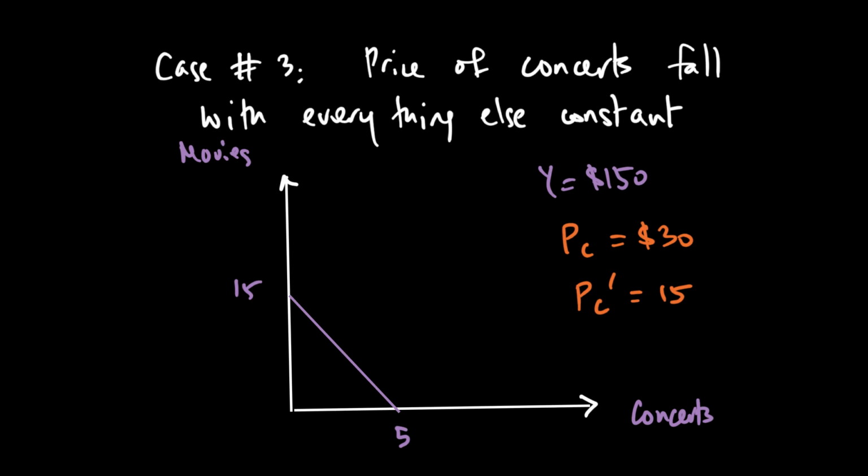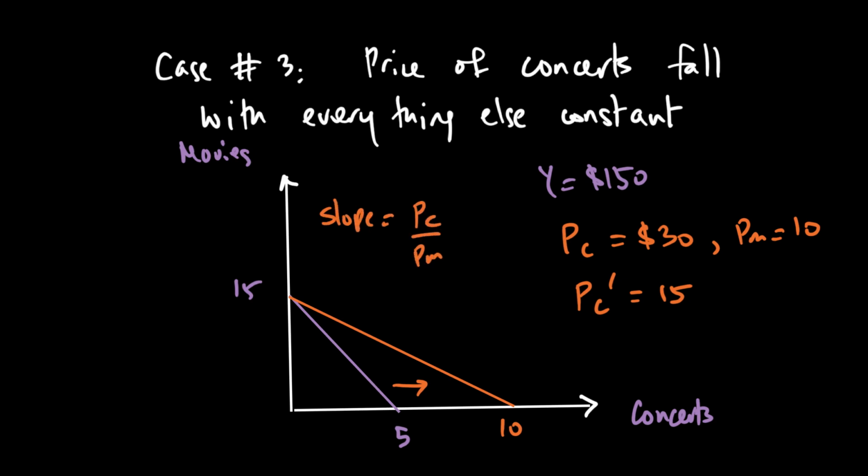This means my budget line will look like this. This also means now this is a non-parallel shift, and my new slope, remember the price of movies is 10, is going to be PC over PM, where the new price is PC dash, so PC dash is 15 over PM is 10, which is going to be 1.5.